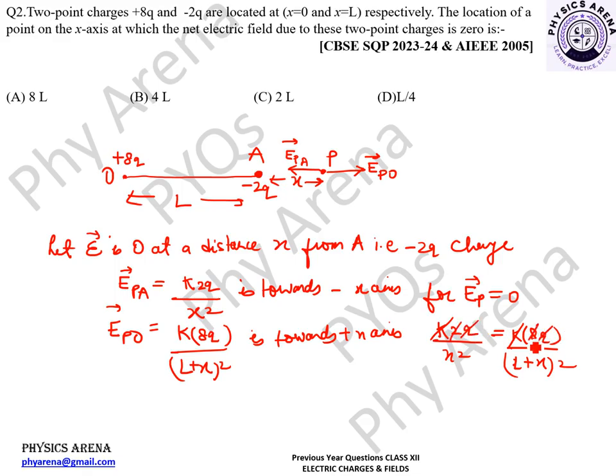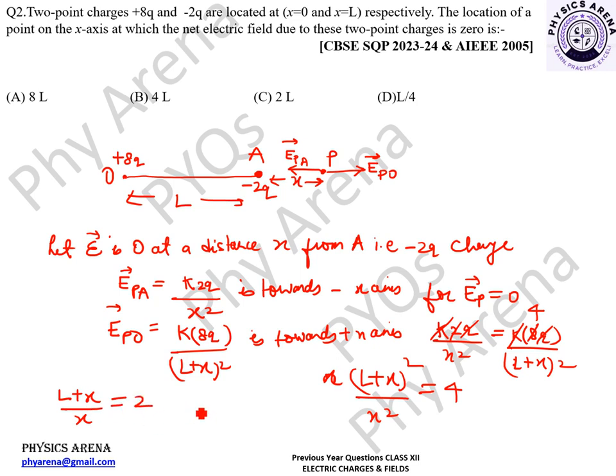This 2 will make this 8 to be 4 when we cancel it out. And we are having L plus x whole square upon x square equal to 4. Now if we take root both sides, we will be having L plus x upon x is equal to 2.